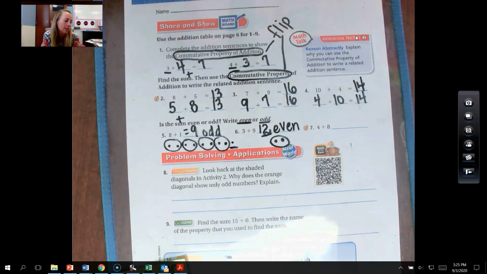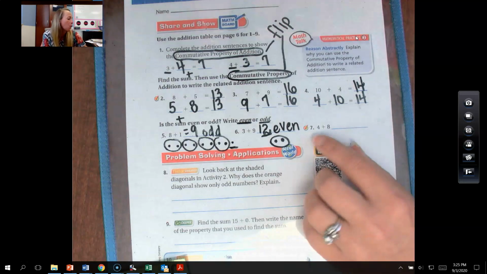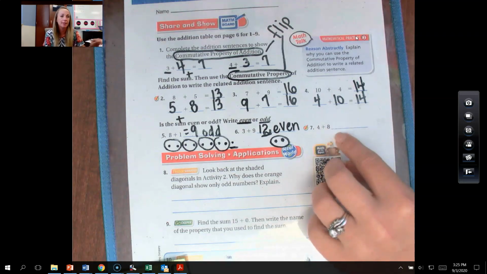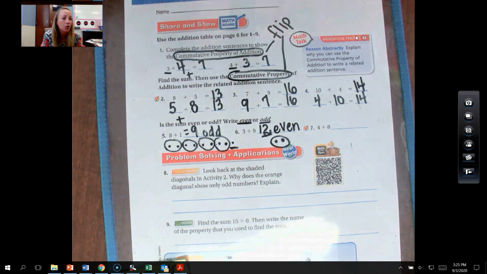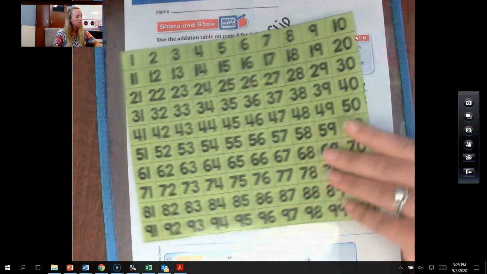All right, next one. What is 4 plus 8? If you don't know what 4 plus 8 is, you can start at 4 and then count up by 8. You could draw 4 dots and 8 dots and count the dots, or you can use a number chart.